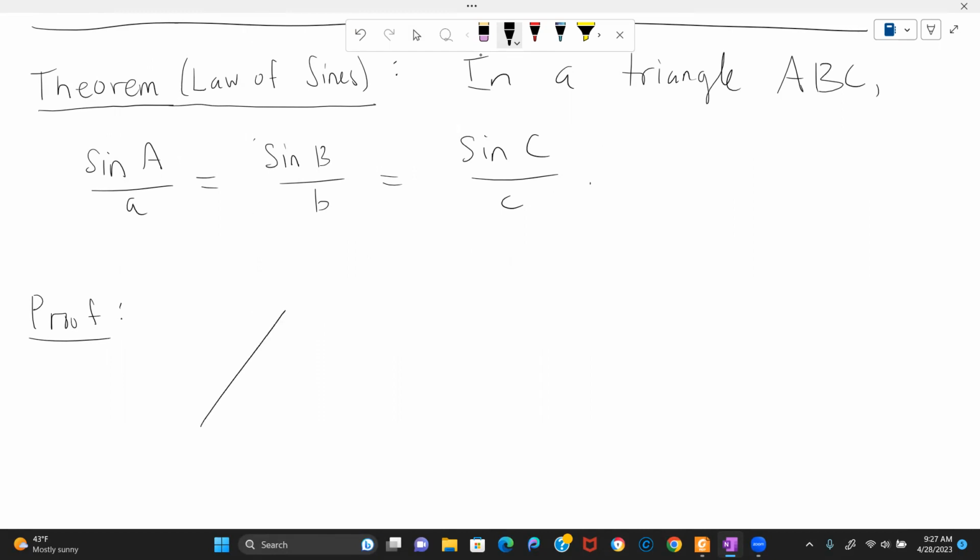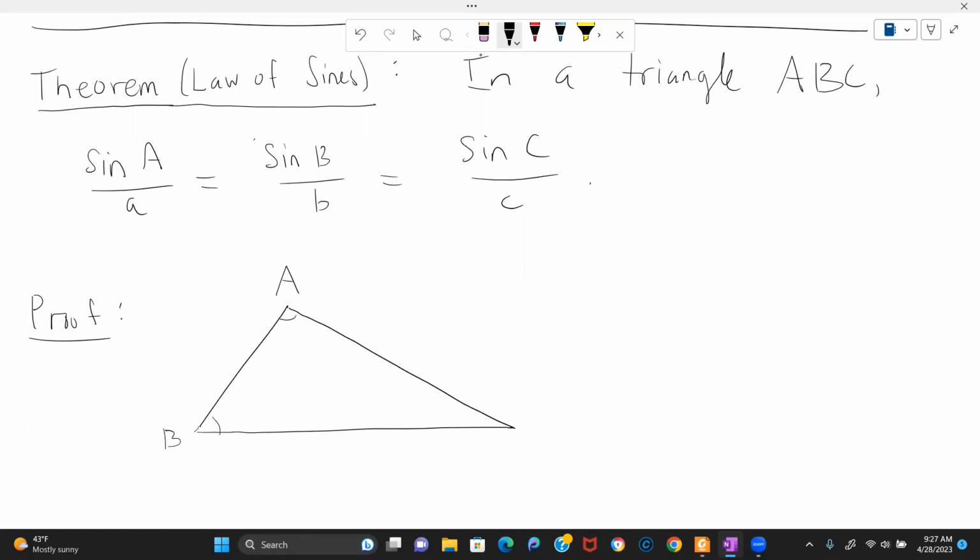So let's write a triangle and give it some names. Let's label it. Let's just call this angle A right here.